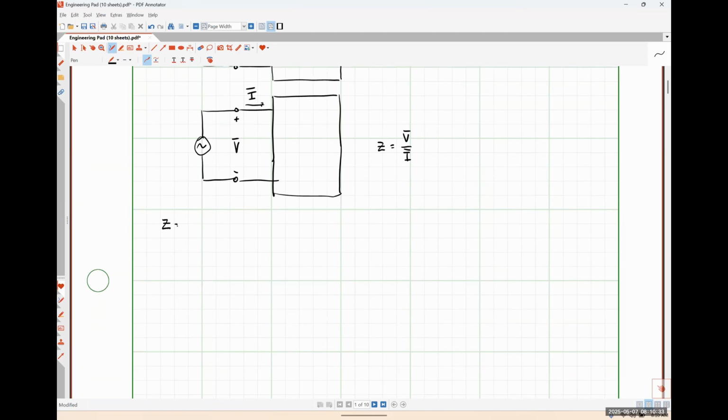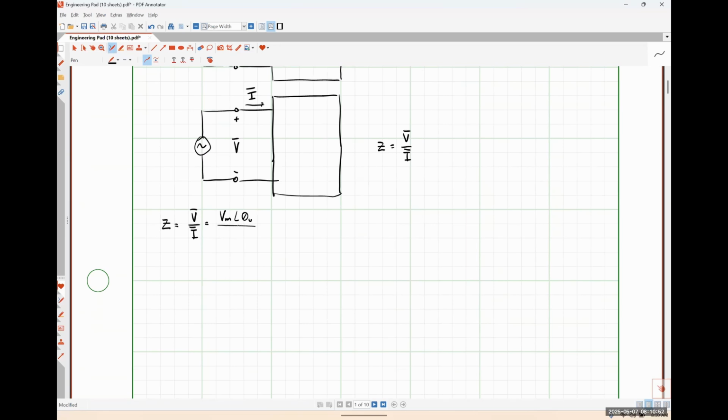So starting with my fundamental definition, I'm simply going to substitute in my generic definition for my phasor voltage, which is simply the magnitude of my AC signal with the angle of my AC signal.